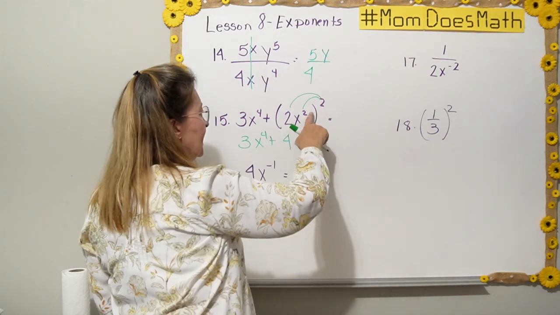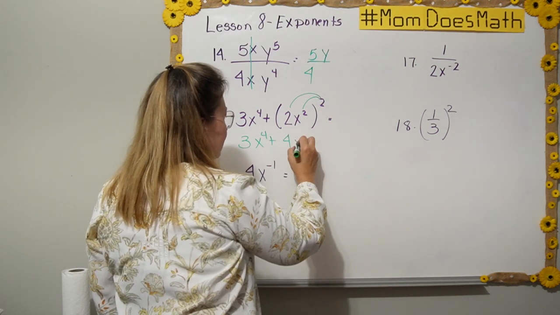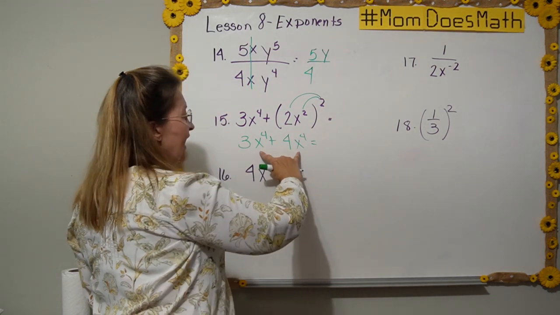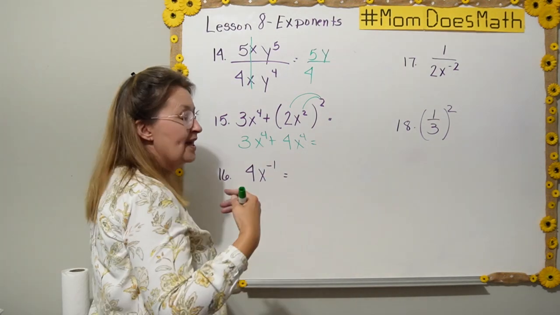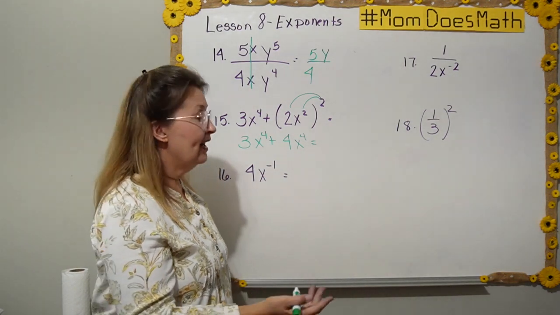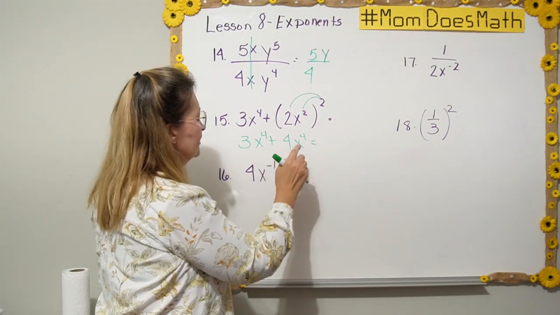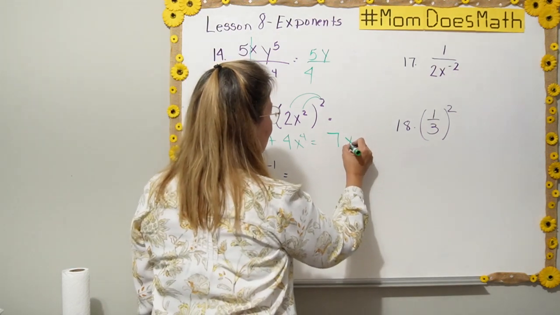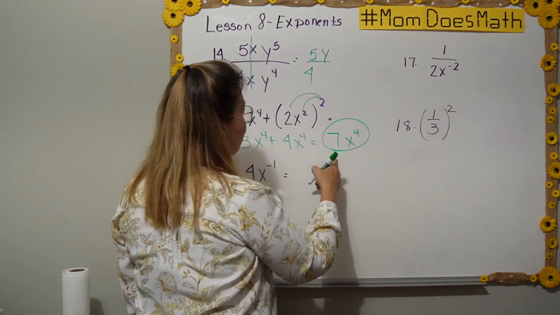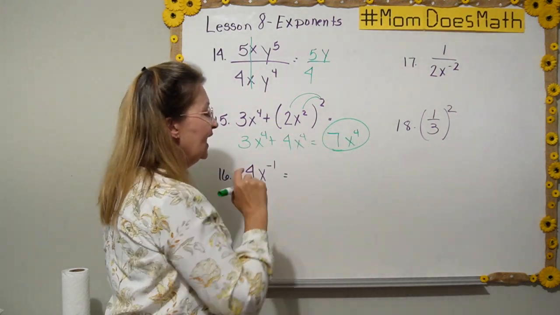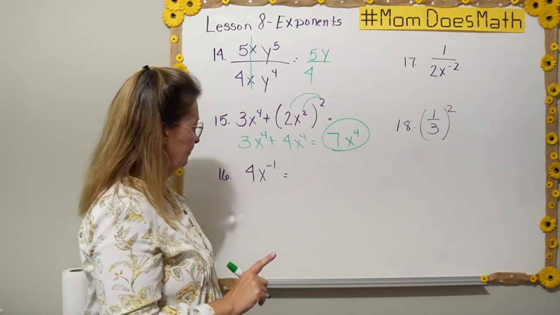And x to the 2nd is x to the 4th. Now you have variable portions that match, so you can combine. 3x to the 4th plus 4x to the 4th is 7x to the 4th. Remember, when you add, exponents never change.